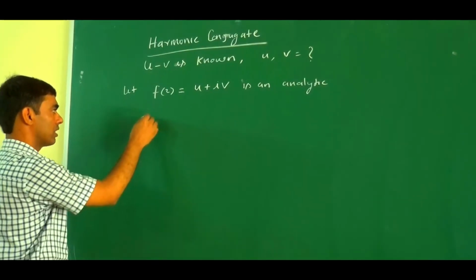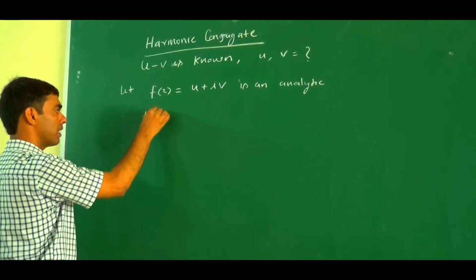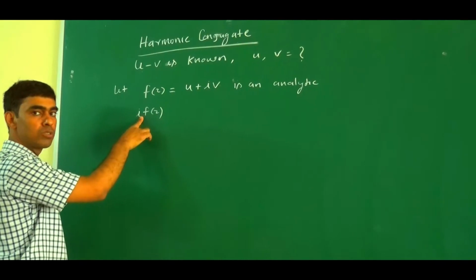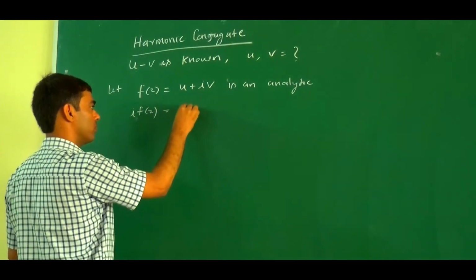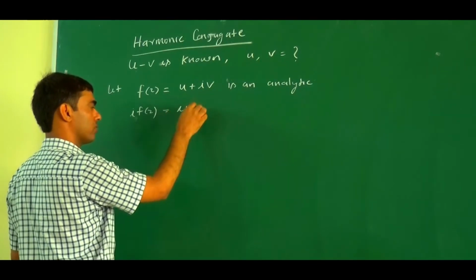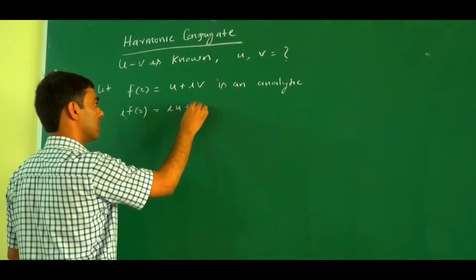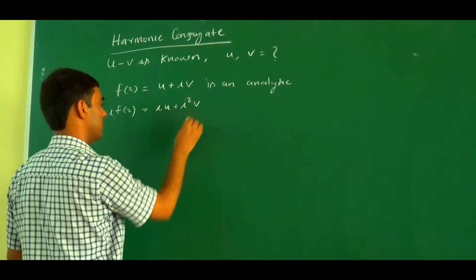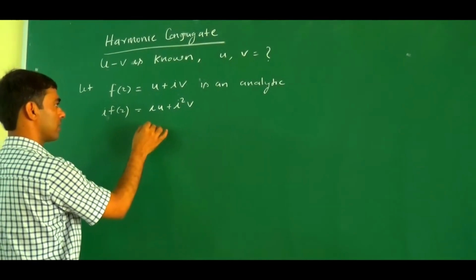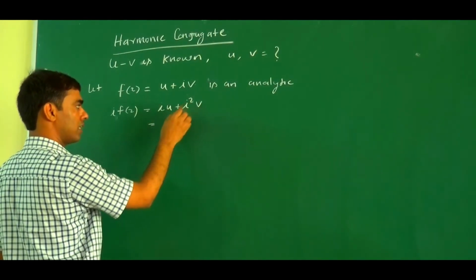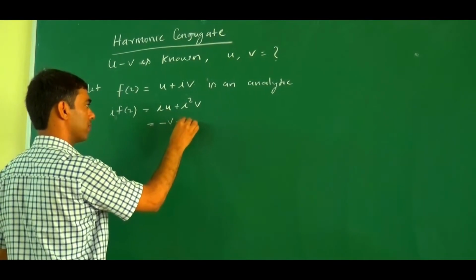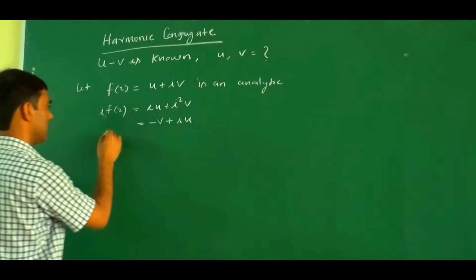Then what about i times f(z)? If multiplied by a constant, the function is also analytic. Multiplying by i, iu becomes i squared v, and i squared is minus 1, so this becomes minus v plus iu, that is i f(z).